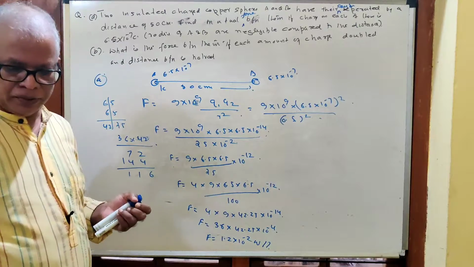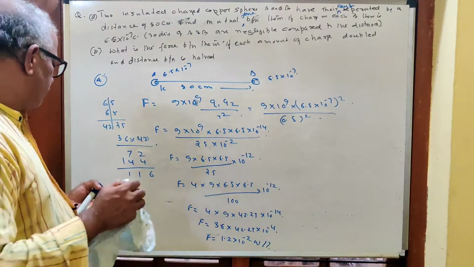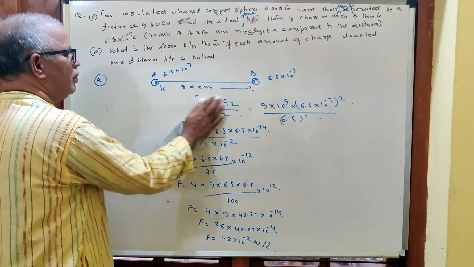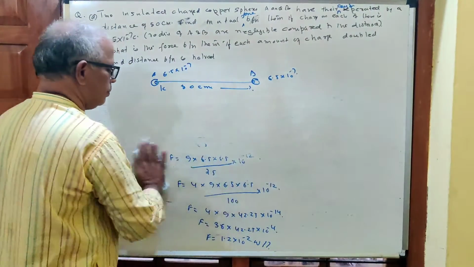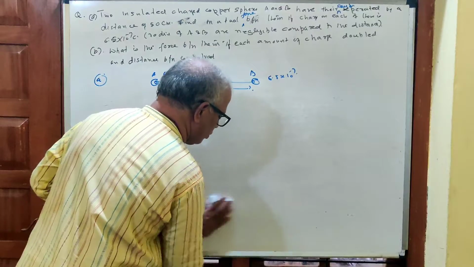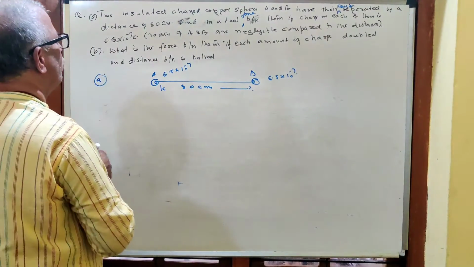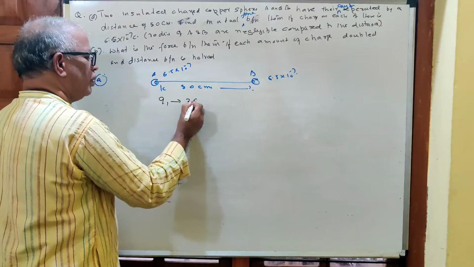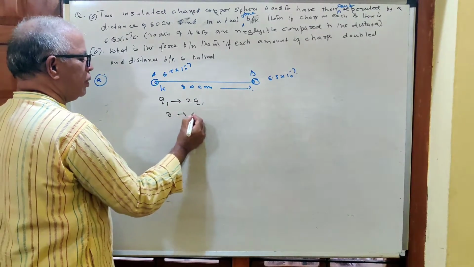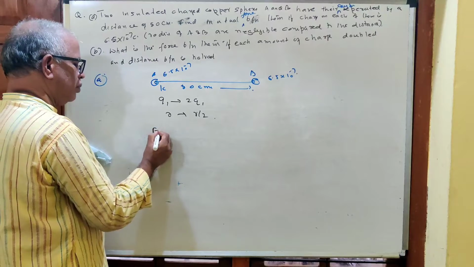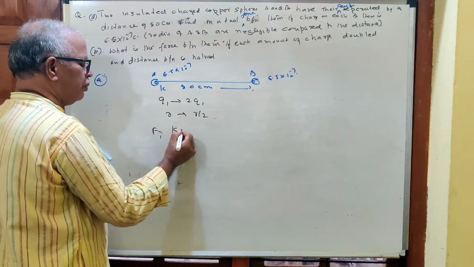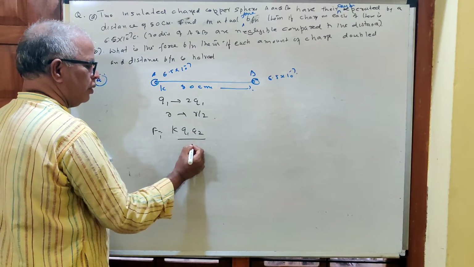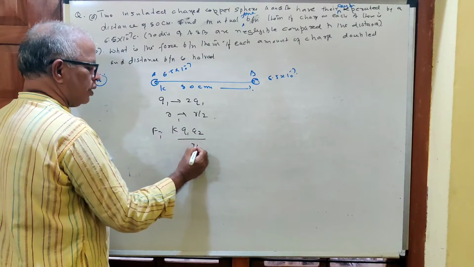Now the second part will be much similar. Listen here. Charge is doubled, Q1 becomes 2Q1, R becomes R by 2. So F1 is equal to KQ1 Q2 by R1 square.